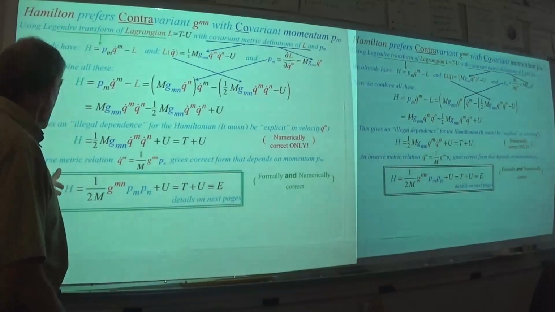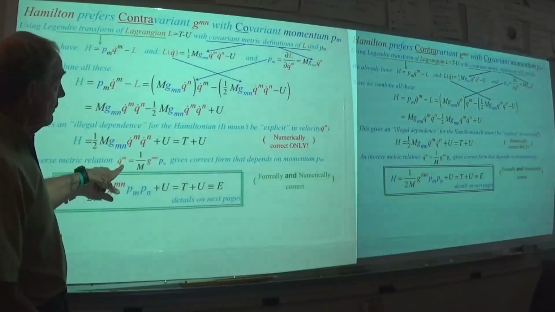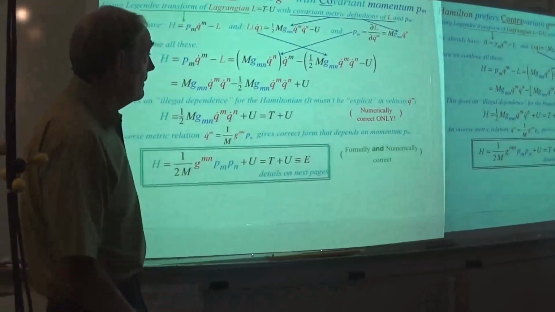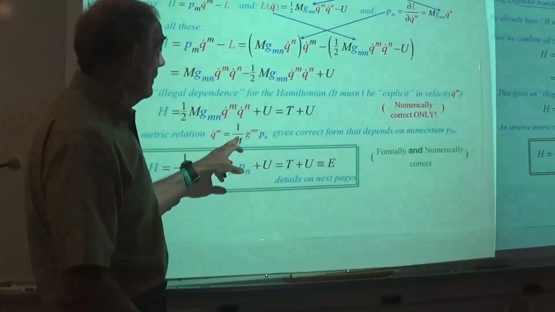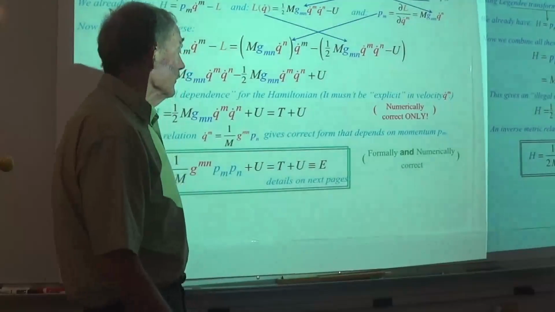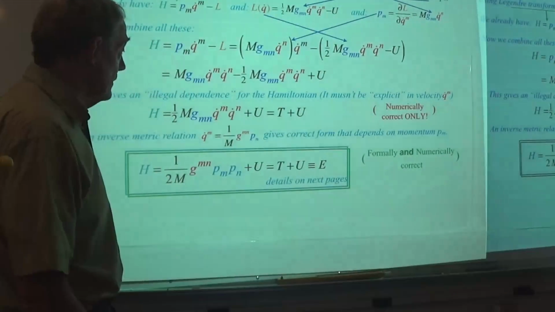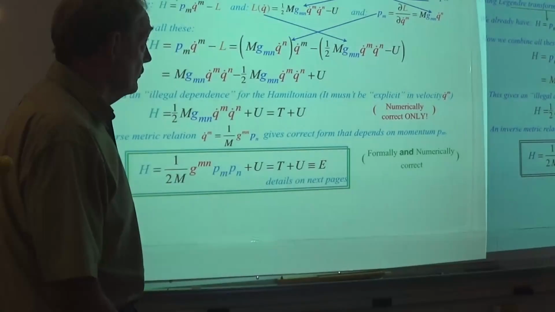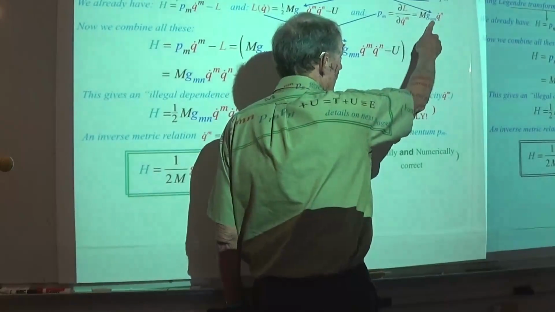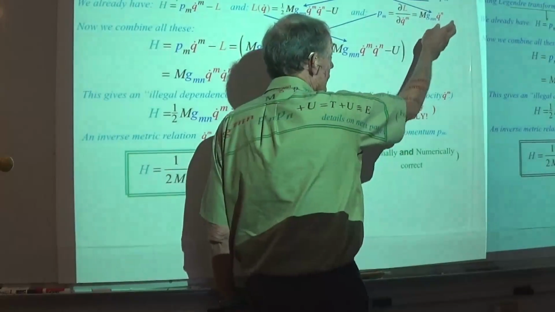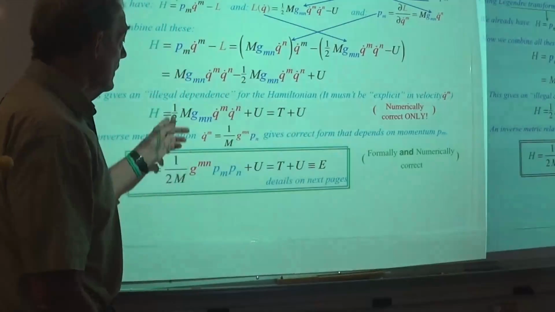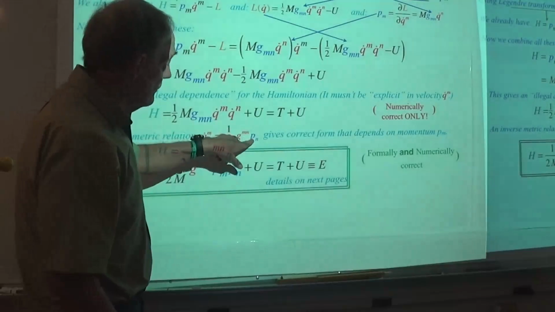Okay, so we take this inverse relationship of the velocity to momentum, just flip the equations by using the contravariant metric, applying that to P. Basically, that's all that's going on here. I'm just solving the equation that expresses the momentum the way it was in the developmental Lagrangian stuff, and getting the velocity as a function of momentum.